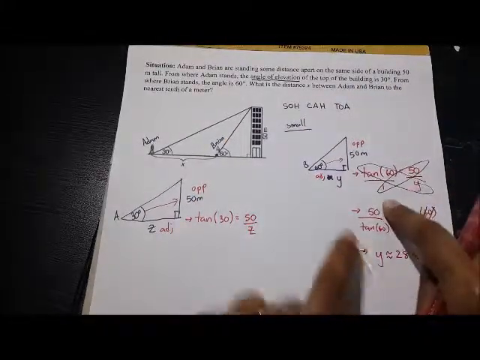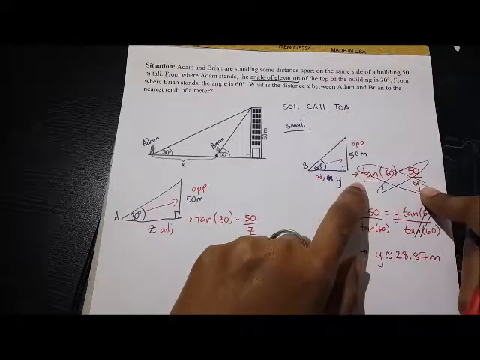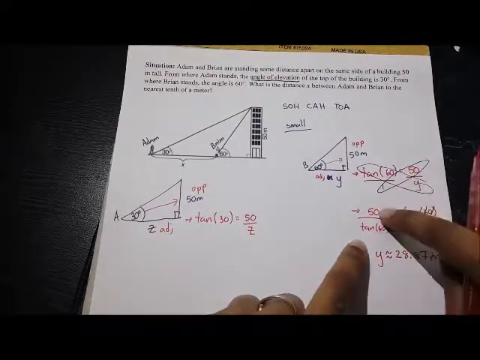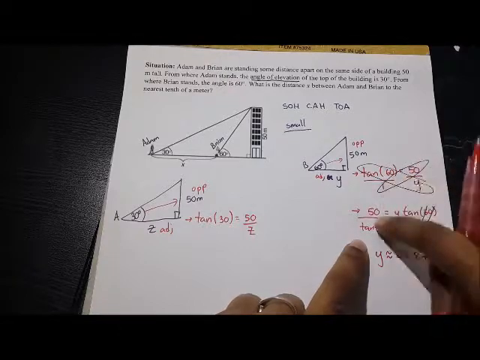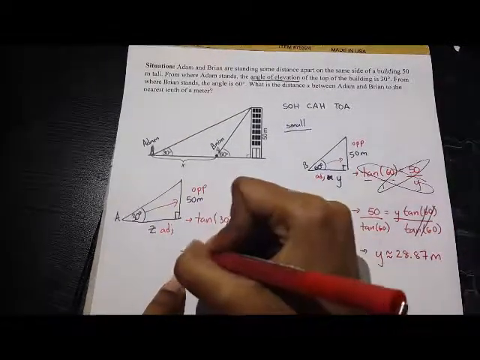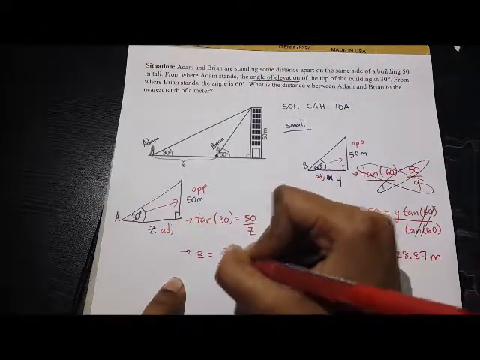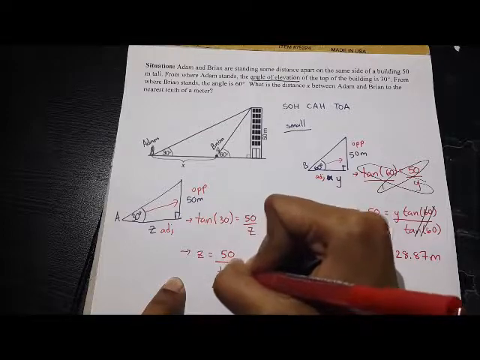You see here where we ended up with tan 60 equals 50 over Y, and I just ended up doing 50 divided by tan 60. So I'm just going to skip this middle step and jump straight to that. I can rewrite this as Z equals 50 divided by tan 30.